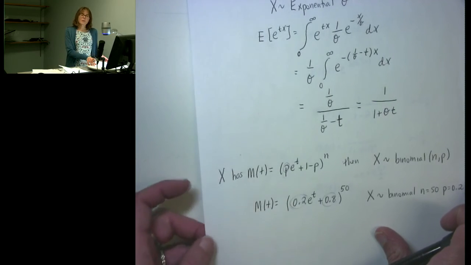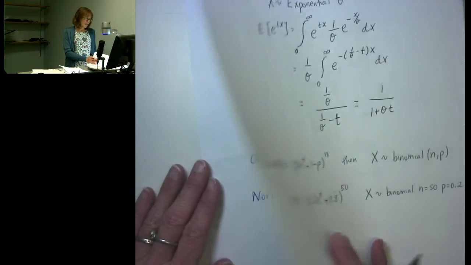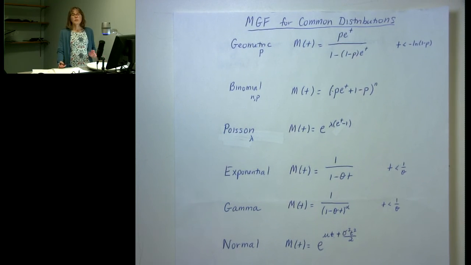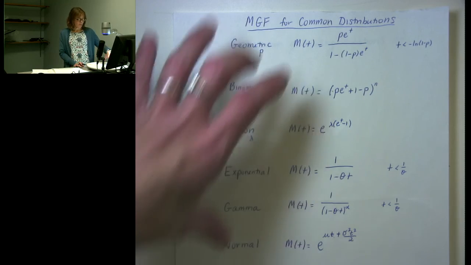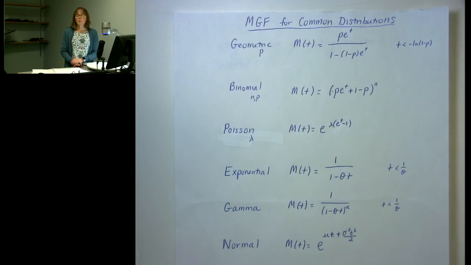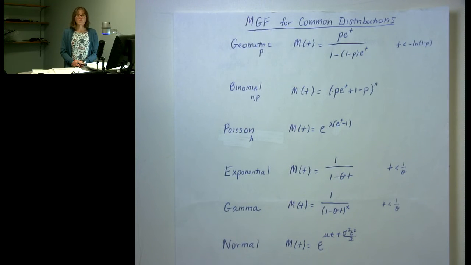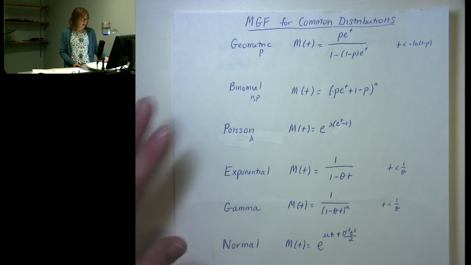So I derived the moment generating functions for a couple of our common distributions that we work with. These moment generating functions can all be derived, and I didn't derive them all individually here, but if you'd like to look through, the derivations are all pretty much in the textbook.